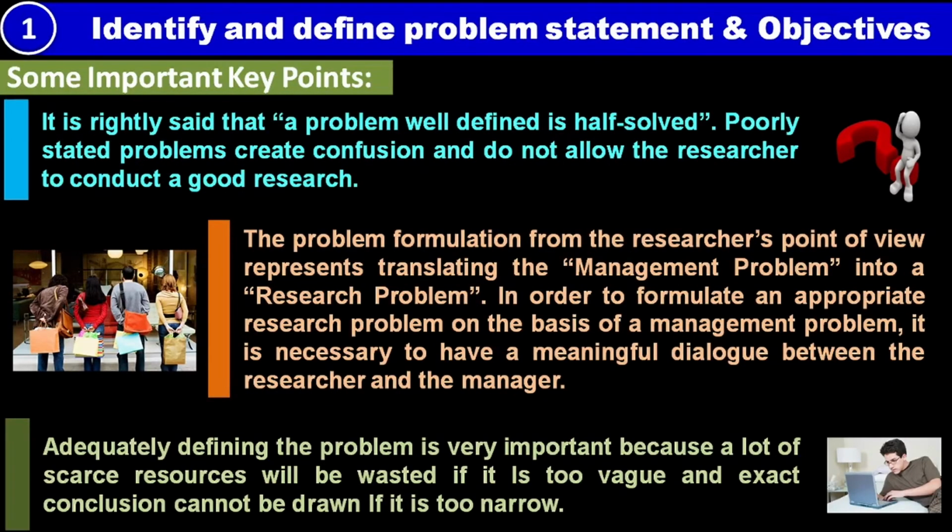Now some important key points regarding identifying and defining the problem statement and objectives. It is rightly said that a problem well defined is half solved. Poorly stated problems create confusion and do not allow the researcher to conduct a good research. The problem formulation from the researcher's point of view represents translating the management problem into a research problem.